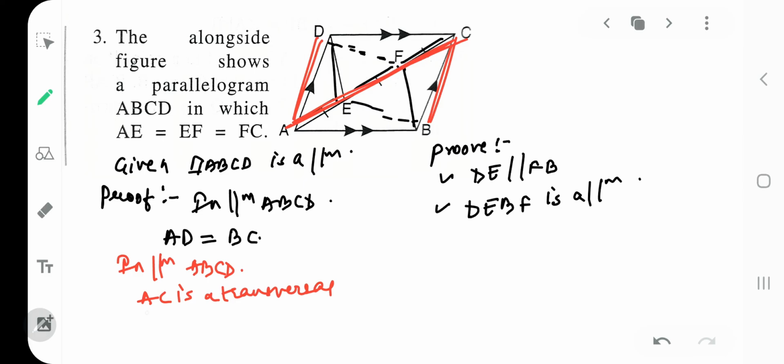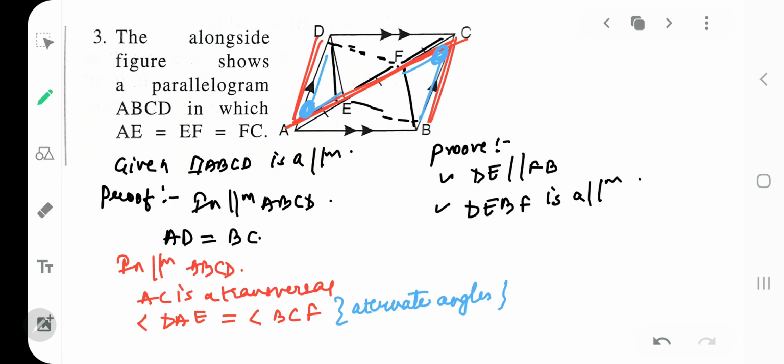So can I say that angle DAE is equal to angle BCF? I'll mark it with a blue color so you can make it out. This angle is equal to this angle because they are alternate angles. So I'll write it here, alternate angles.